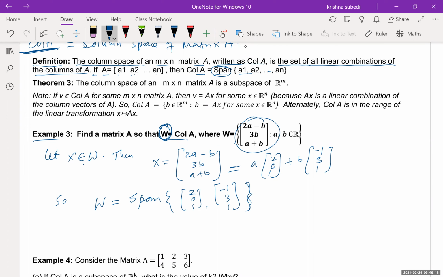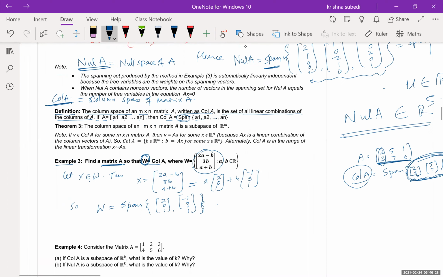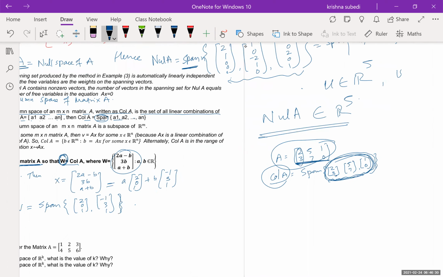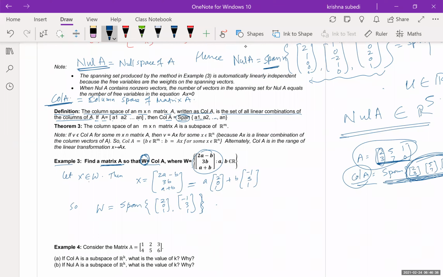That's it. So now we need to find the matrix A. These are the columns of the matrix by definition, remember? If matrix A is this, then the column space of A is the span of those vectors from the columns of matrix A. So matrix A is actually the columns (2, 0, 1) and (-1, 3, 1). That's it.